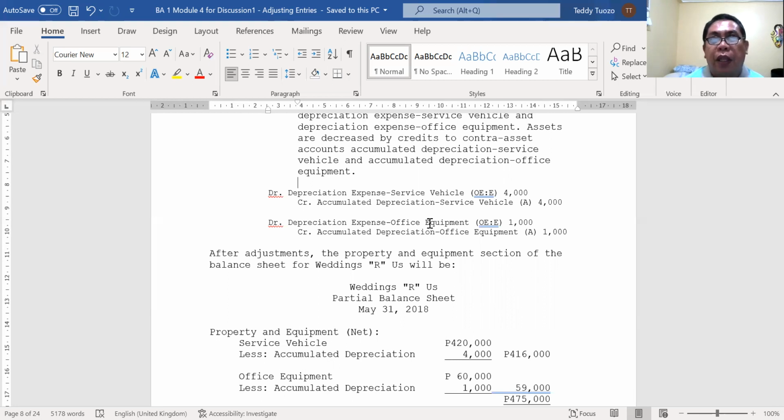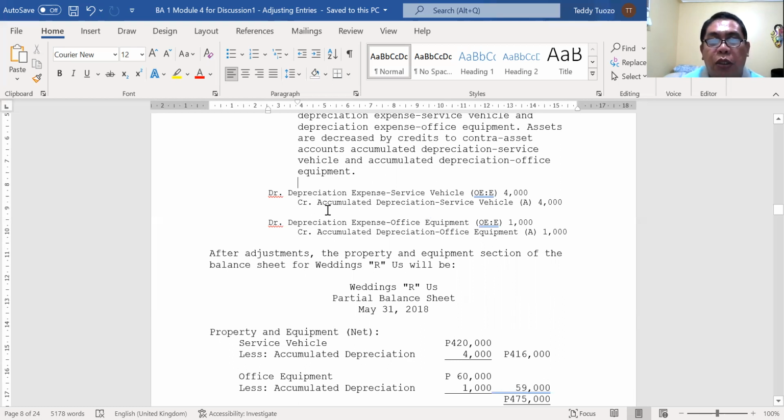But if there are multiple depreciable assets, assets subject to depreciation, you have to specify after the depreciation expense title, with a dash or hyphen, service vehicle, or in the next entry, office equipment.